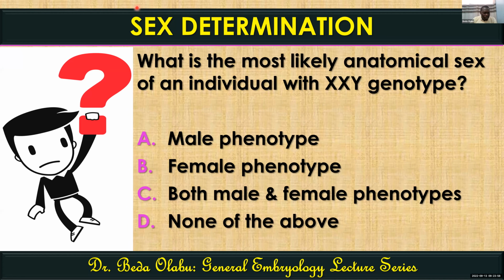So here we have Teresia. You're among those who chose C. Teresia, tell us, why do you think, why did you choose C? I was just thinking, just like the way the normal karyotype goes up to 22.